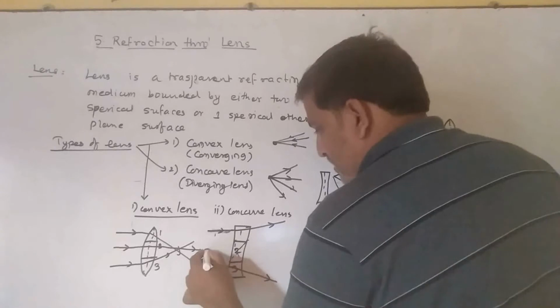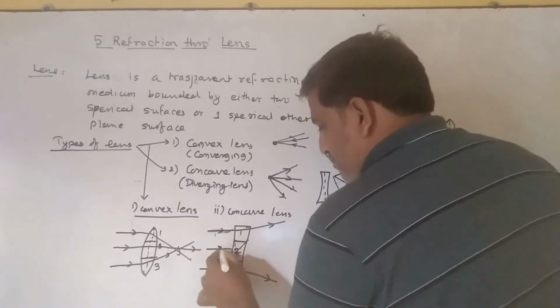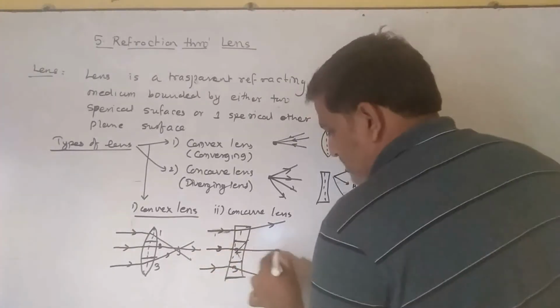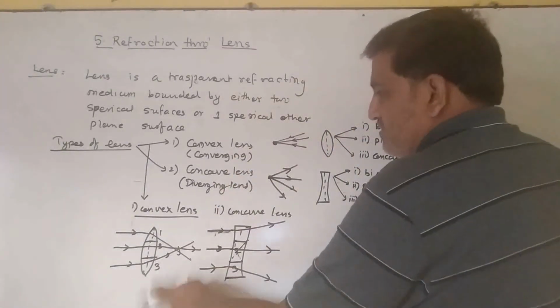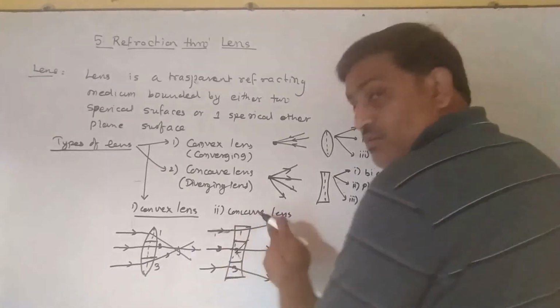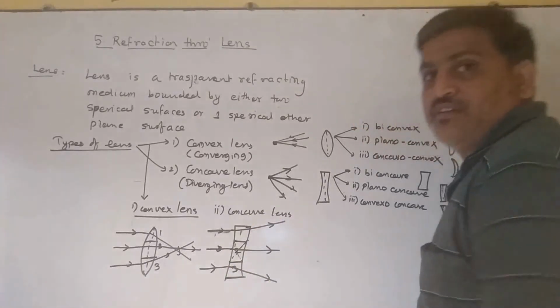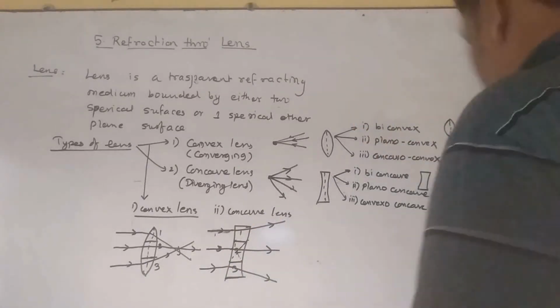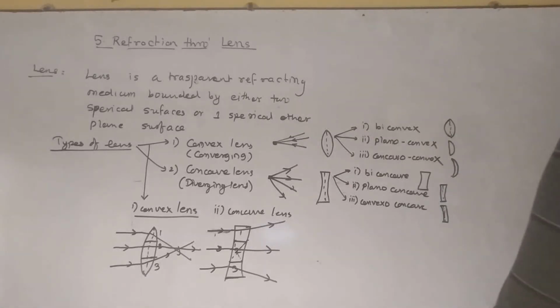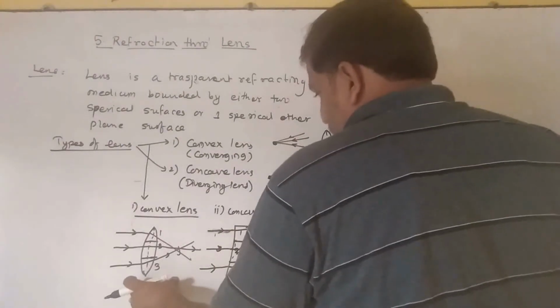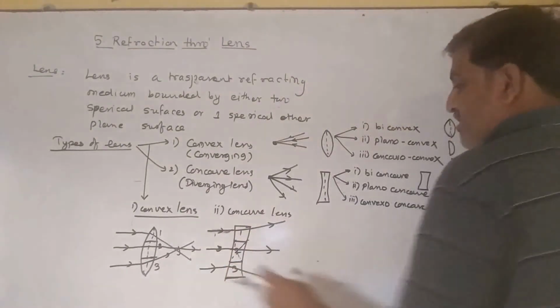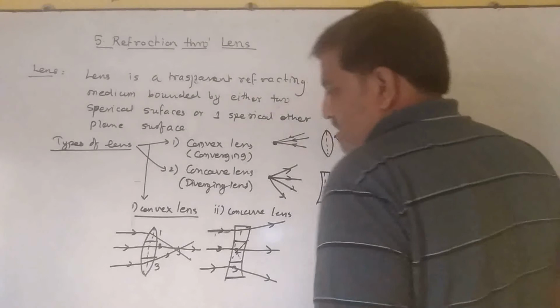And when the ray of light falls along the normal on the glass slab, it is undeviated. So we find both actions: a convex lens acts as a converging lens and a concave lens acts as a diverging lens. This is the whole converging action of a convex lens and diverging action of the concave lens.